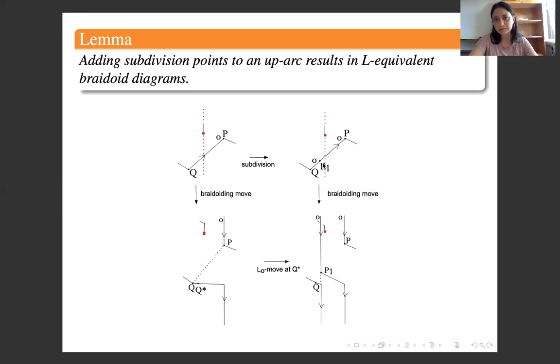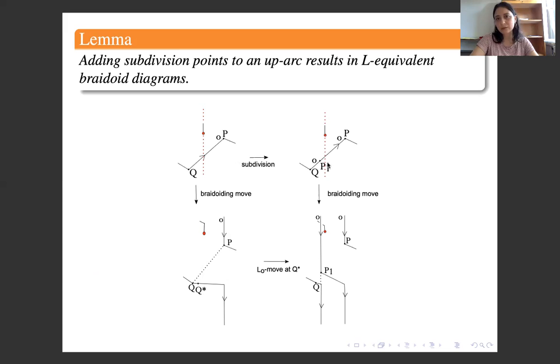And then I decide to subdivide my up arc further. Here I put another subdividing point, P1, and I apply two braidoiding moves, at P1 and at P, and I obtain these braidoid strands here.